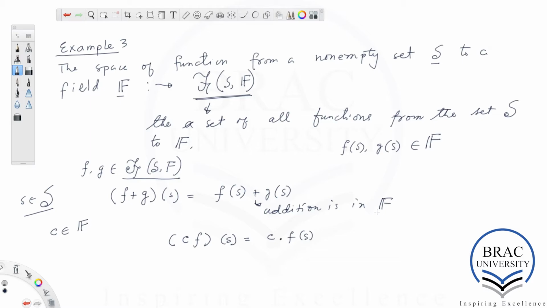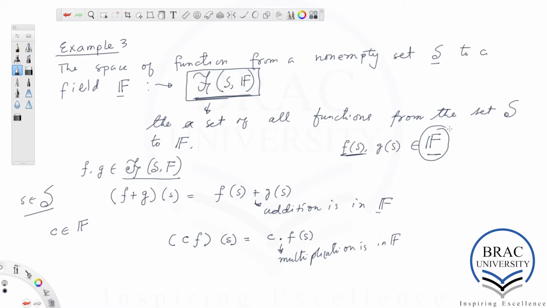Again f of s is in F, as we know, and c is a scalar, so this multiplication is in F. Now you got to verify that this set fulfills all the properties of a vector space listed earlier in this lecture, and hence forms a vector space over the field bold-faced F. Okay, so this is the third exercise that you need to do.